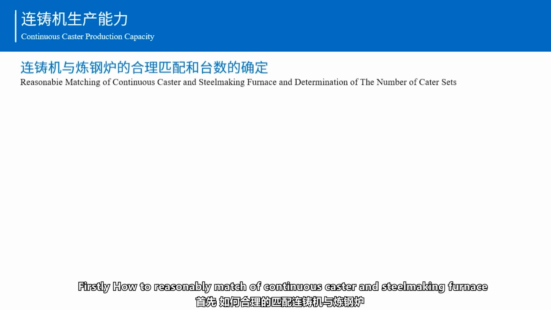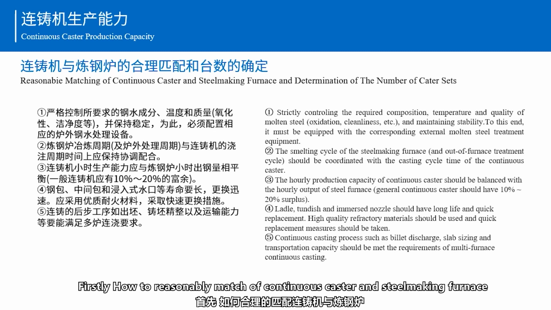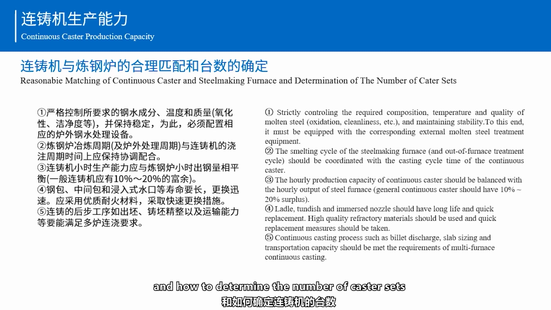Firstly, how to reasonably match our continuous caster and steelmaking furnace, and how to determine the number of strands. First, strictly control the required composition, temperature, and quality of the molten steel, and maintain stability.